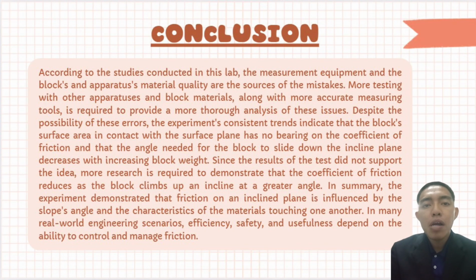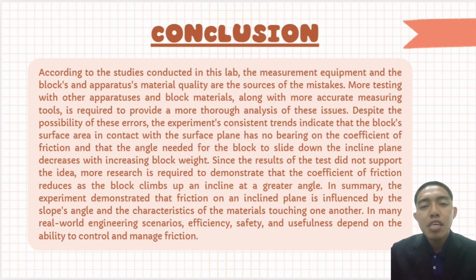Here is the last part, which is the conclusion. According to the study conducted in this lab, the measurement equipment and the block and apparatus material quality are the sources of the mistakes. More testing with other apparatus and block material, along with a more accurate measuring tool, is required to provide a more true analysis of these issues.